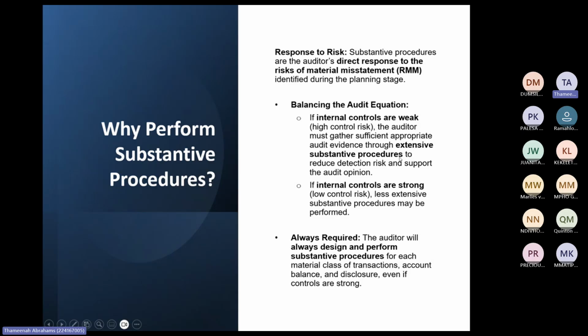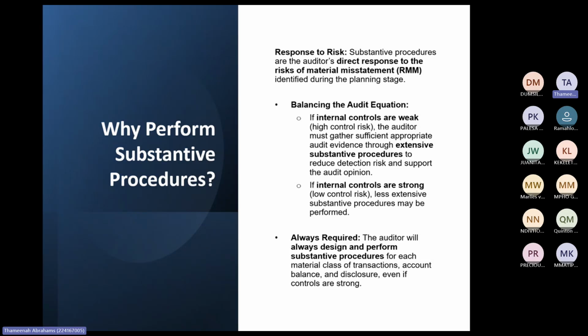Like we said before, there's this balancing audit equation that we discussed for tests of controls, because when we do tests of controls, we test the internal controls. After we test the internal controls of the client, if we determine based on the test of control procedures we perform that the internal controls are weak, or if the scenario tells you the internal controls are weak, it means that you cannot rely on the controls.